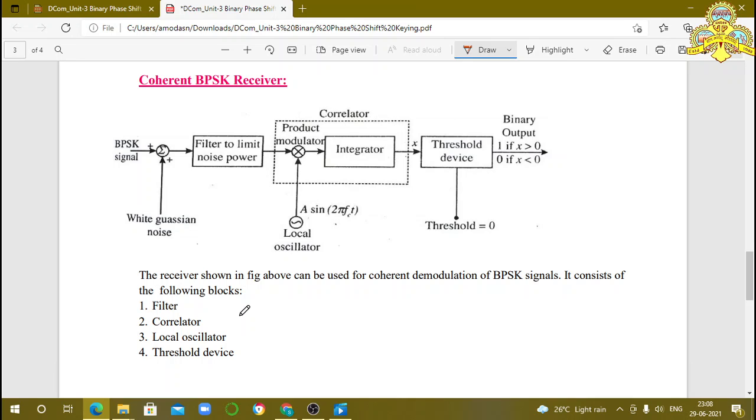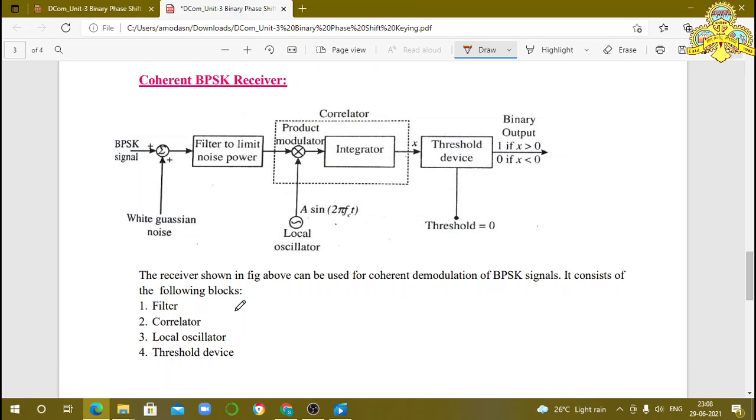In BASK and BFSK, we have two types of receivers: one is coherent and another one is non-coherent. But in BPSK, it is not possible to use the non-coherent receiver because here we need the phase shift.